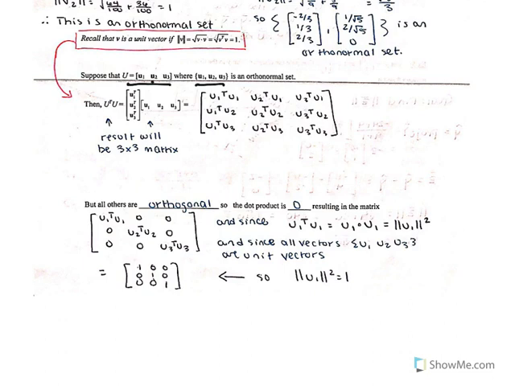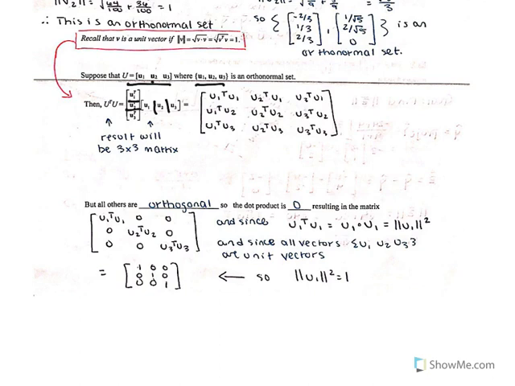Now I don't want to write out 3 by 3 in full notation. This is kind of where our partitioned matrices are coming in. Each of these is kind of partitioned into a vector itself, which is another word for matrix. So when I multiply them together using normal matrix operations, this is what I get. Make sure the order is the same: U1 transpose times U1, U1 transpose times U2, going down, all the way down.